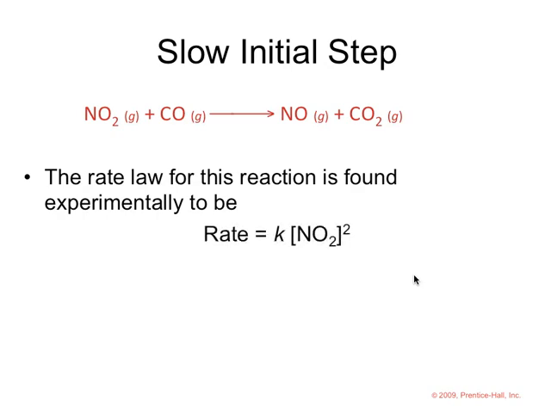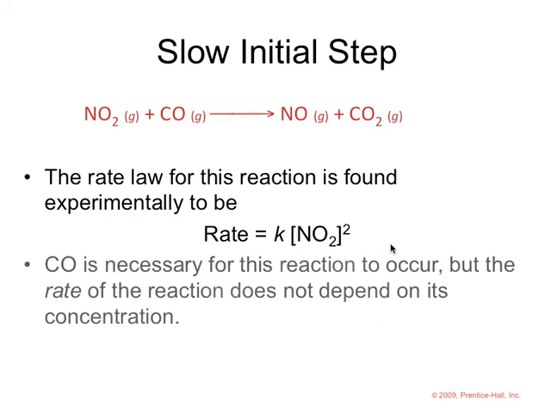So if we look at this equation, nitrogen dioxide plus carbon monoxide yielding nitrogen monoxide and carbon dioxide, we find the rate law experimentally to be k times the concentration of nitrogen dioxide squared. Because this reactant does not appear in this rate law, we can assume that it is not an elementary reaction.